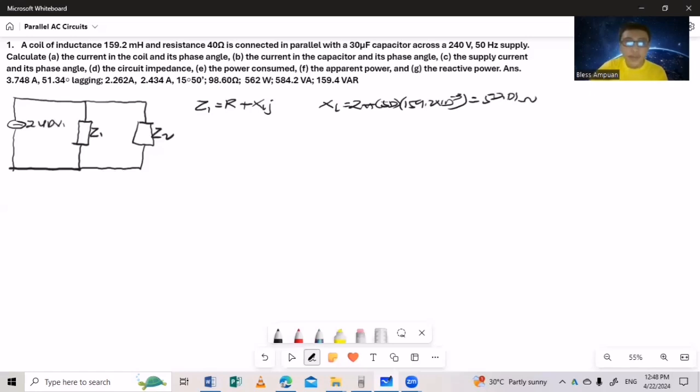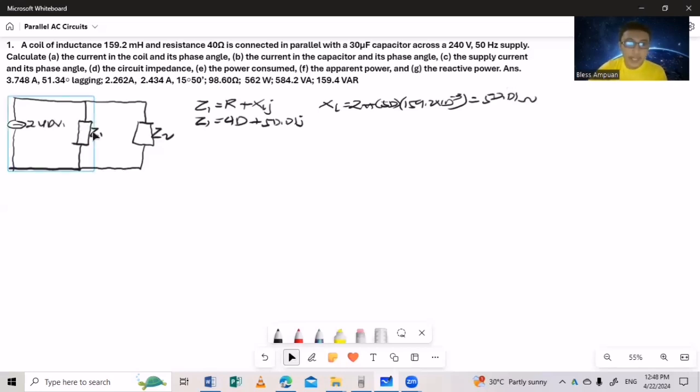Okay. Now, therefore our Z sub 1 is equal to 40 ohms plus 50.01 j.